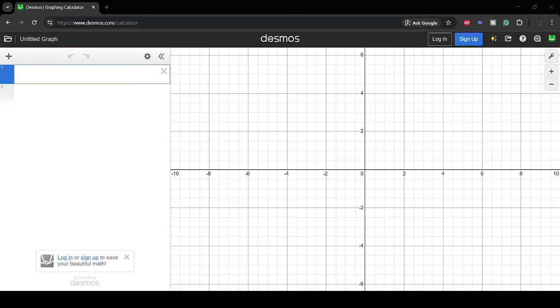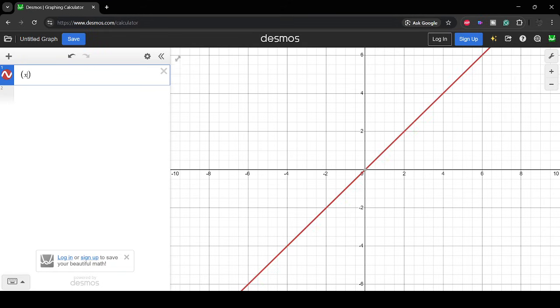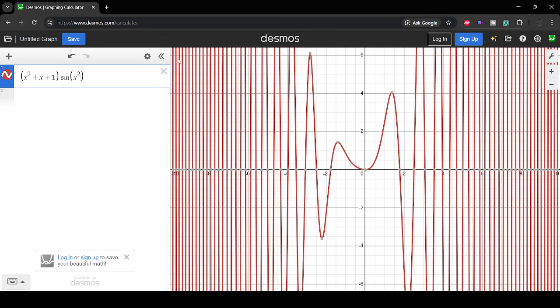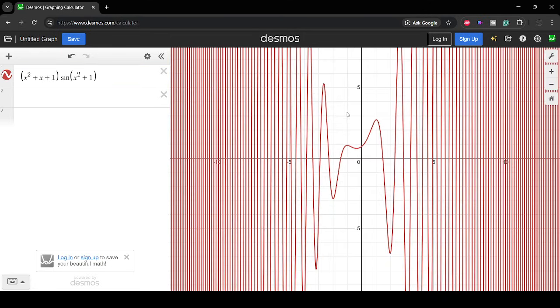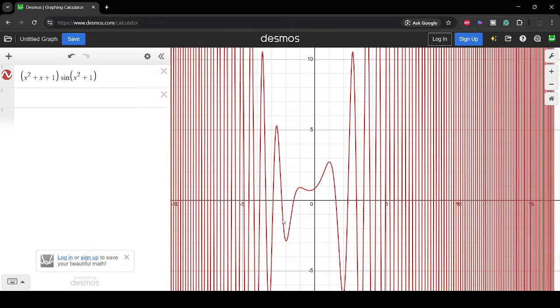Okay, the first graph was x squared plus x plus 1 times sine of x squared plus 1. Okay, so this is roughly what I drew.